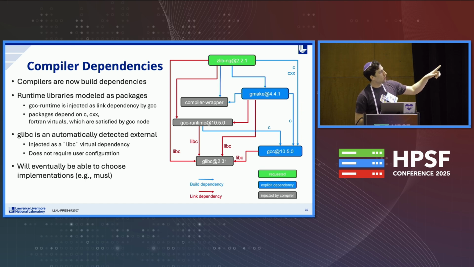And then the third one is the compiler wrappers, right? Spack has a set of compiler wrappers. Typically, they had been part of Spack itself, and we've separated them out to be their own package that gets injected. The idea with some of this is that eventually you could even swap out glibc and use musl if you wanted to. We're not going there yet for 1.0, don't worry.